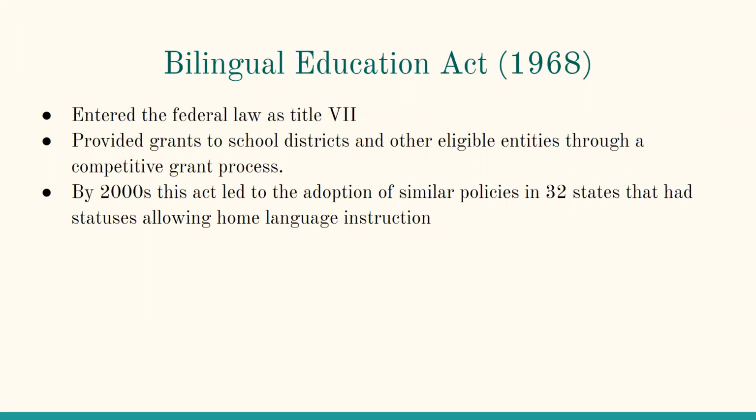Now, 30-some odd years later, we're still kind of seeing this, kind of giving all districts, all schools flexibility and eligibility to go through these grant processes to provide for the students for their education.